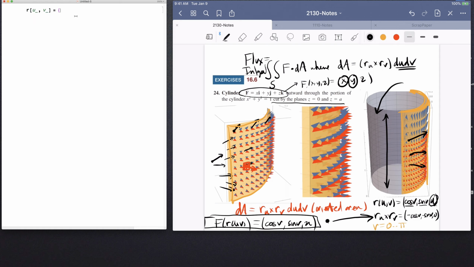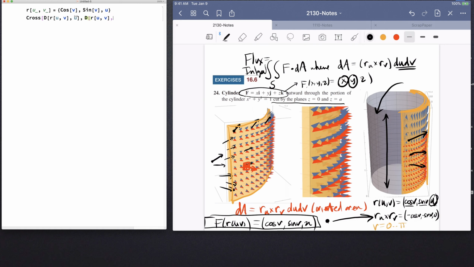We can double check that computation just to make sure we're remembering it correctly. Our surface parameterization of the cylinder is cosine v, where v is the angle variable, sine v, and u is the other parameter for z. We take the derivative with respect to u and cross product it with the derivative in the v direction.